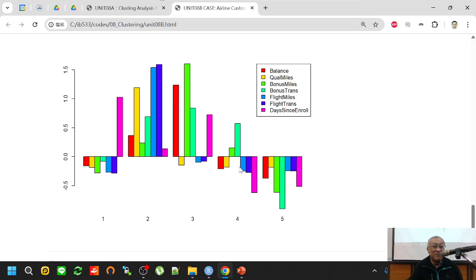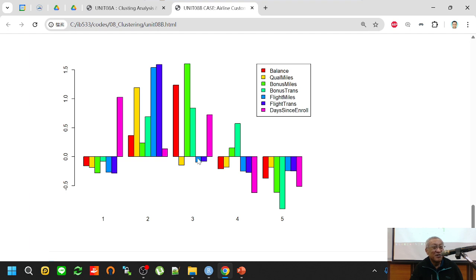Okay. How about this group? What is the characteristic of this group? Compared to the previous group, it's similar, right? They do not fly much.